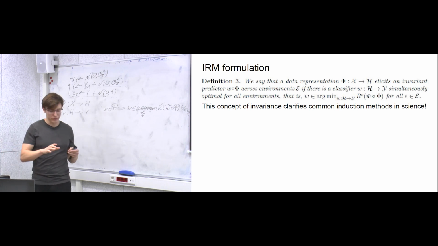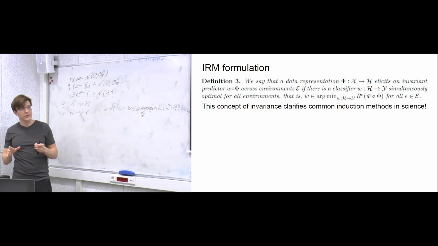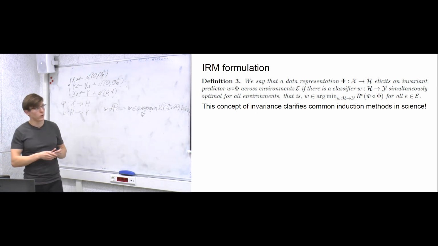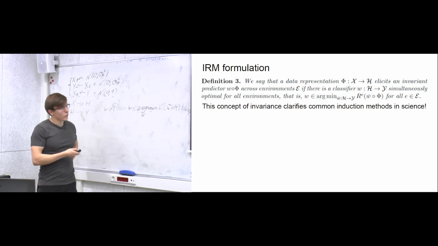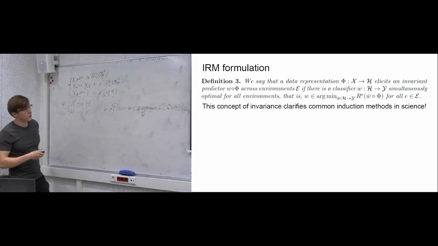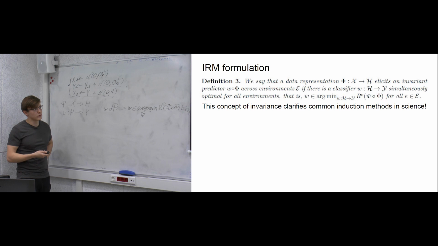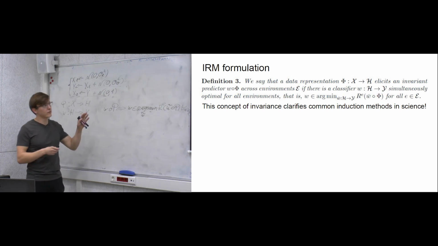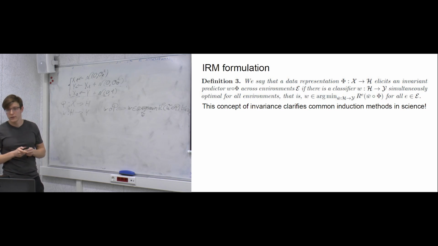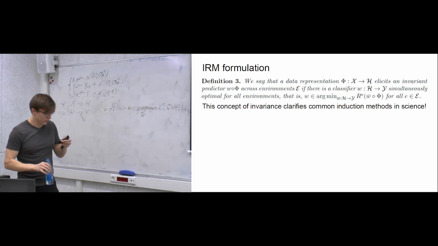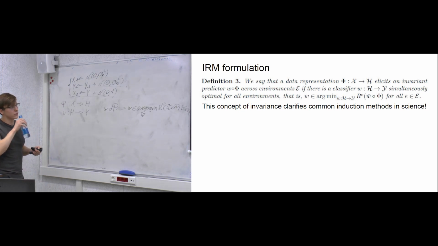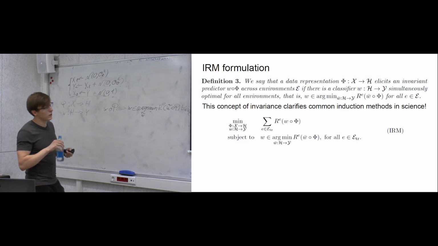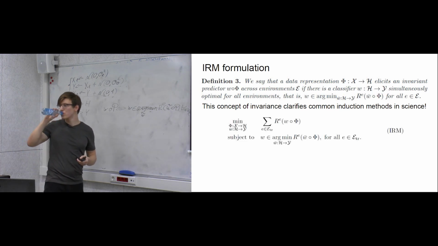We try to get rid of everything irrelevant for us and just leave useful causal features. So that's why philosophically this definition really reflects invariant predictors. Is this definition clear?